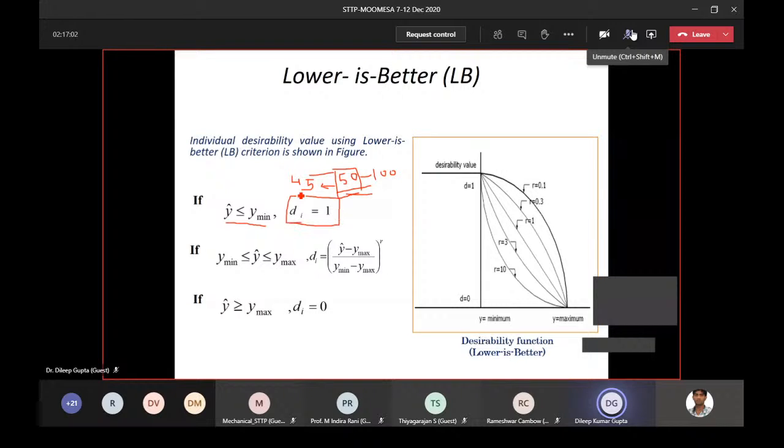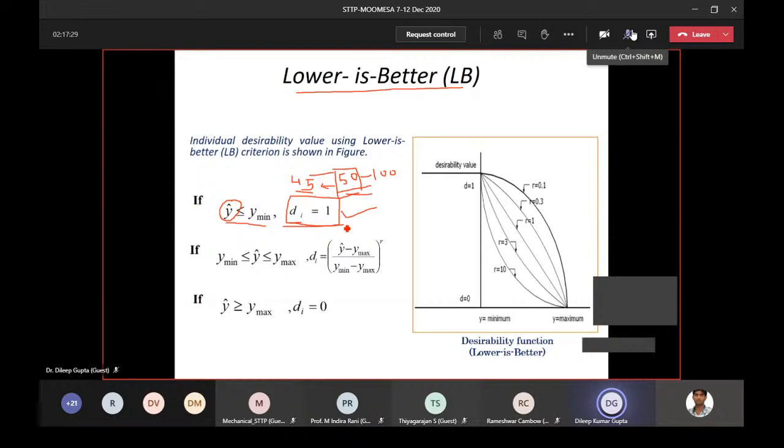And if further it is going below 45, then also we will have the value di is equal to 1, right? So whenever we are trying to prepare the normalized table, at that time the value of di will be 1 when the value of y is less than or equal to y minimum in the case of lower is better, right? So this is di is equal to 1.